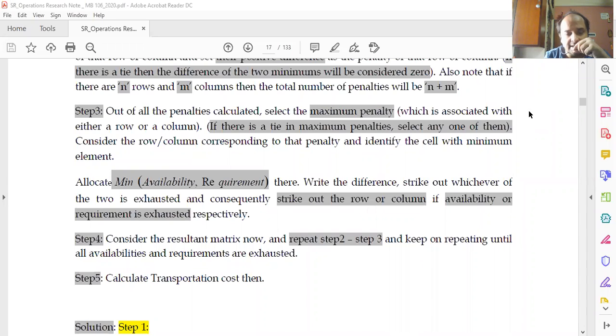One minute, 31 seconds left for this session. One minute, 9 seconds left.